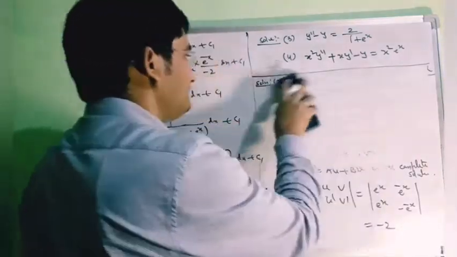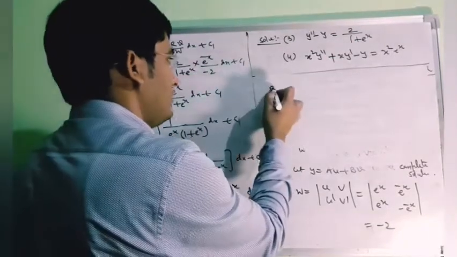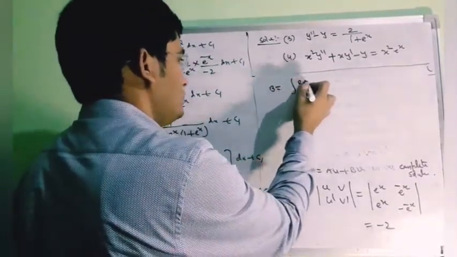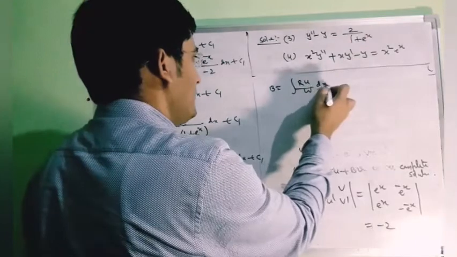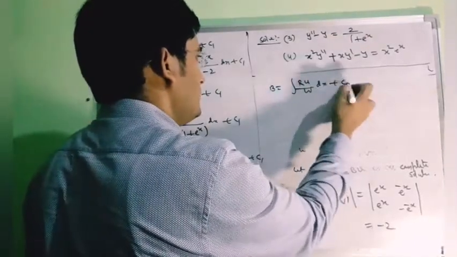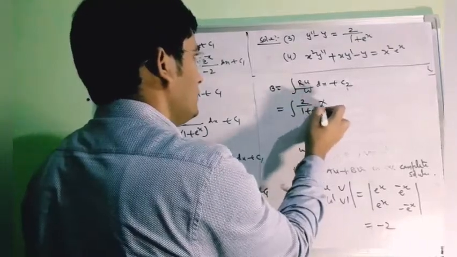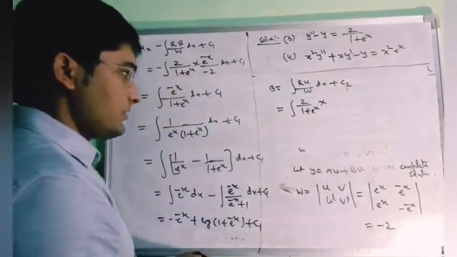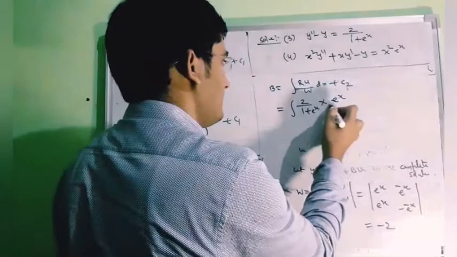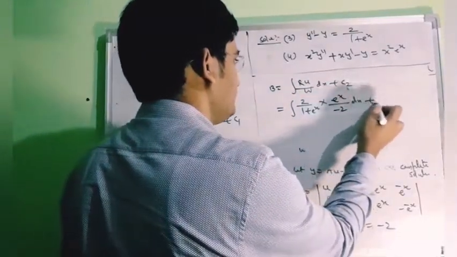Now then our B will be integration of R into u upon W dx plus constant of integration. And your R means right hand side, your u was e to the power x, divided by W which is minus 2.